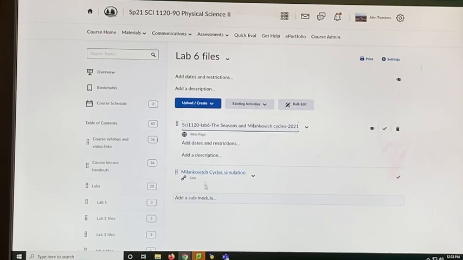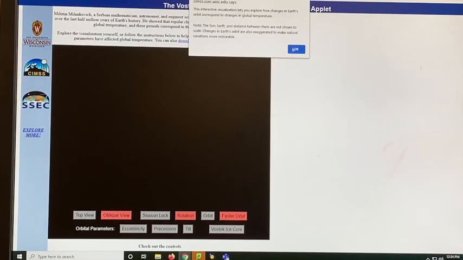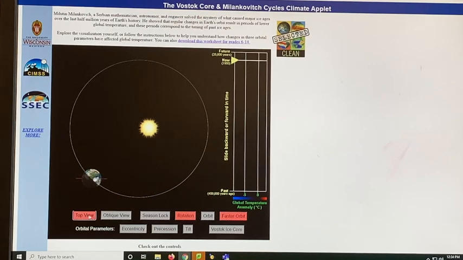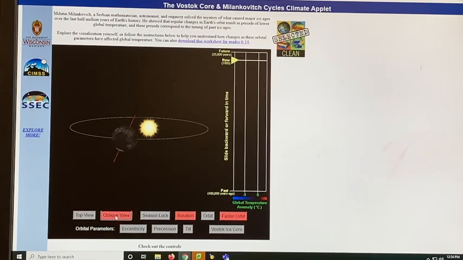So if you go on Lab 6 files, Milankovitch simulations, and what we can do here, all right, we can either get a top view of what happens or an oblique view.